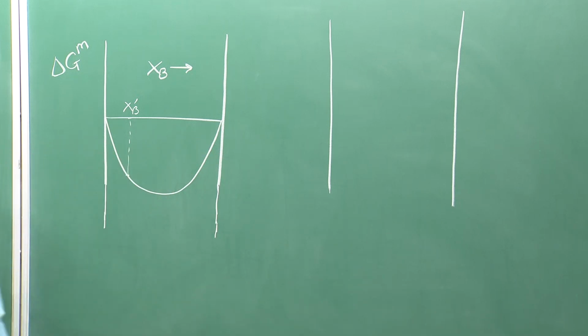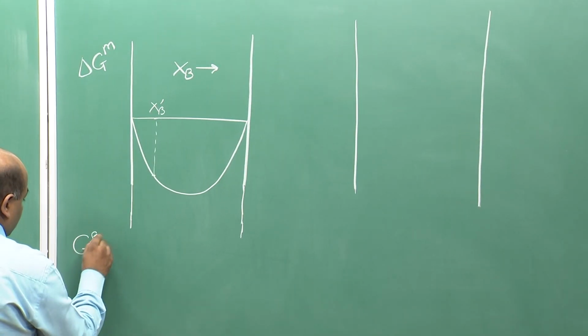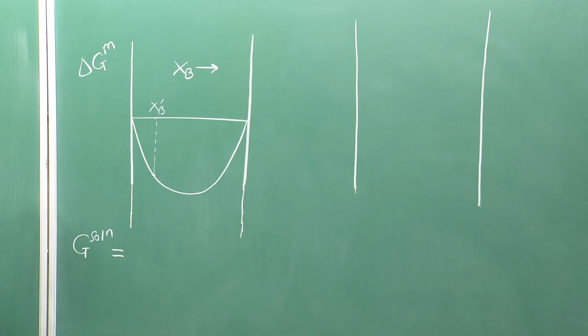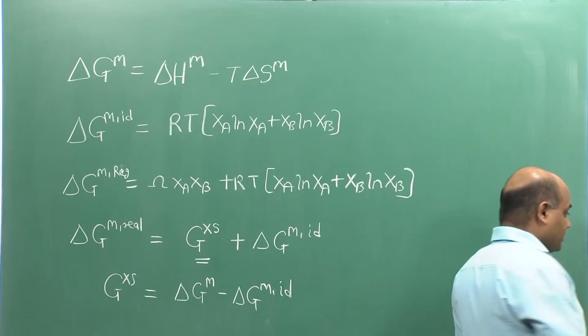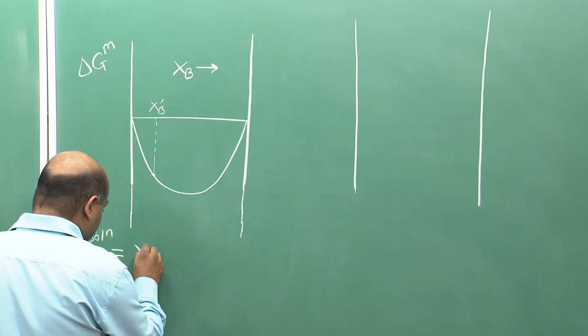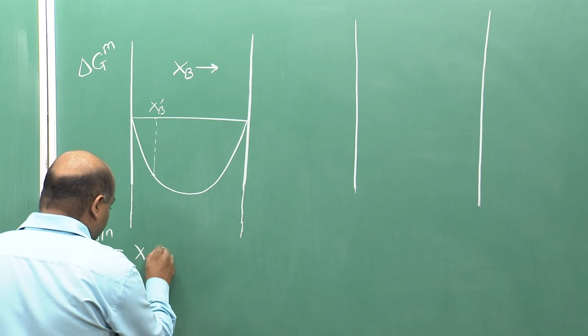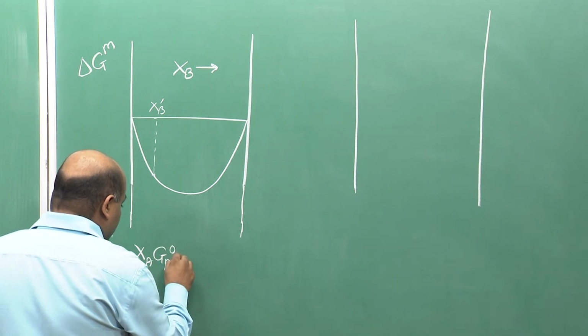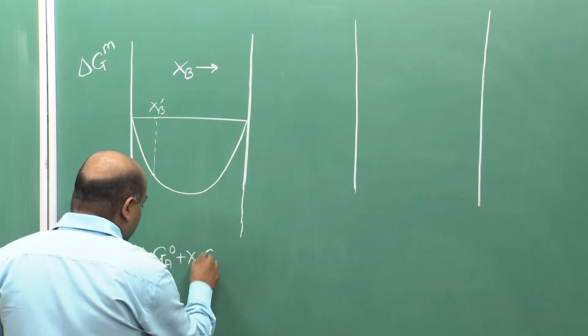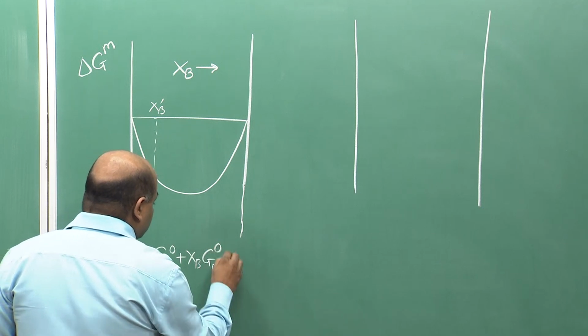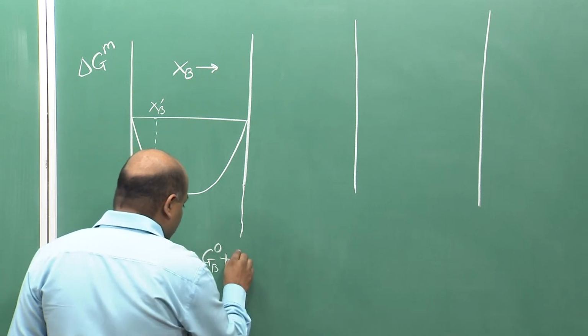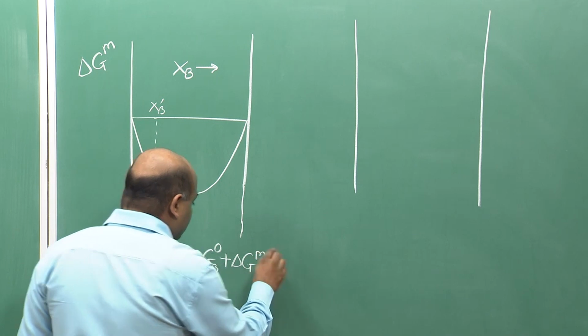G solution will be basically the total Gibbs free energy of the system before mixing plus the delta Gm. Right. So, the total Gibbs free energy before mixing will be xa Ga0 plus xb Gb0 plus delta Gm.